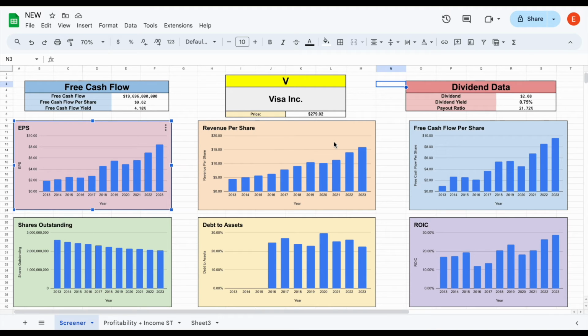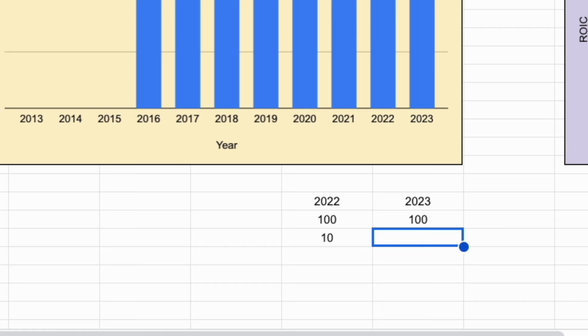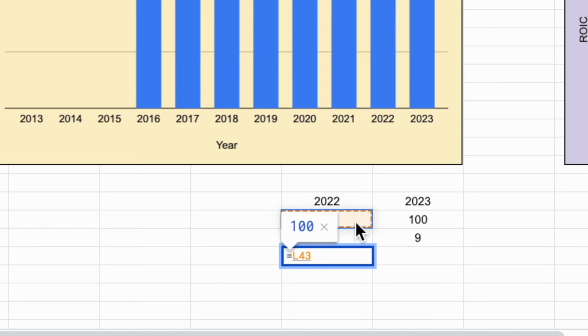So for example, if we scroll down, let's say there's a company that generated $100 in revenue in 2022, and that company had 10 shares outstanding. Let's say in 2023, the company again generated $100 in revenue, but because they bought back 1 share, they now have 9 shares outstanding. Well, if we look at the revenue per share, all that would be is $100 divided by 10.